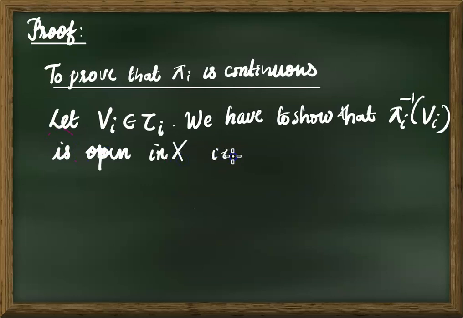That is, we need to show that pi i inverse of Vi belongs to tau, the topology on X, which is the product topology.